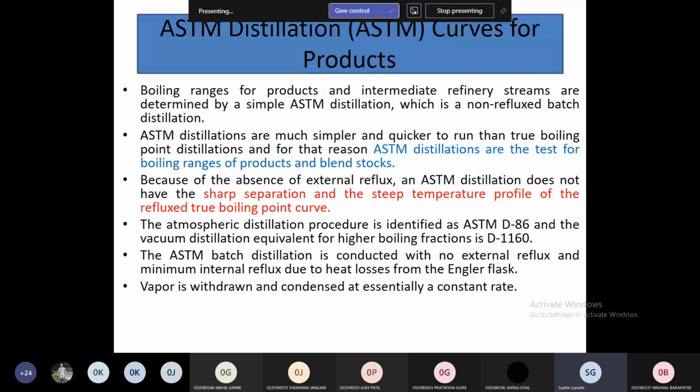Now moving forward, ASTM curves are typically done for a product and not for a crude oil. For a product, we are restricting ourselves to a liquid product, maybe gasoline, kerosene, diesel, and we need to finalize the boiling range in which that fraction is.